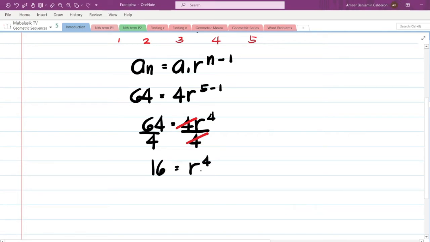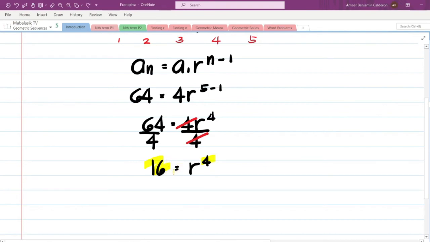In this particular case, what we want to do now is to express this side of the equation to an exponent 4. So we will think of a base that if we raise to 4, we get 16. Why is that so? Because the exponent of the other side of the equation is 4. So if the bases are equal, then the exponents are equal because we have here an equal sign.